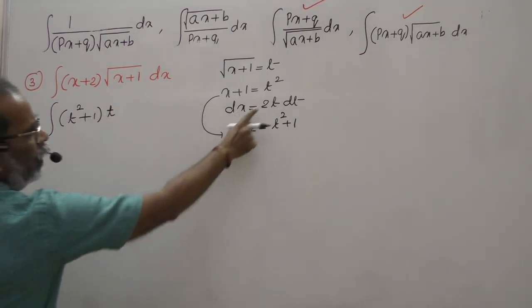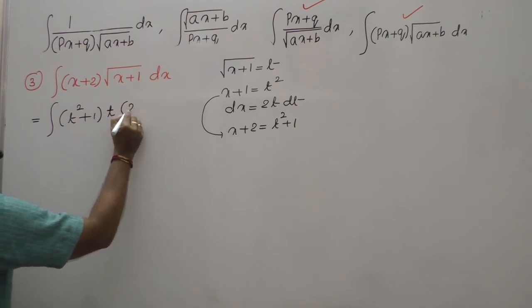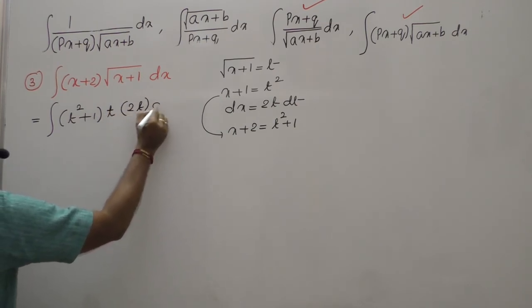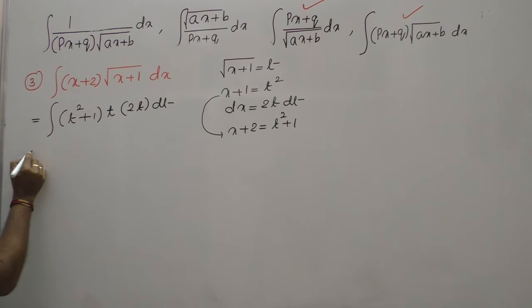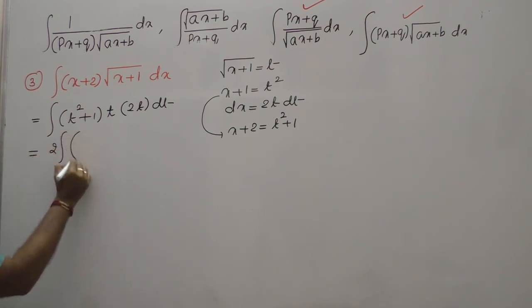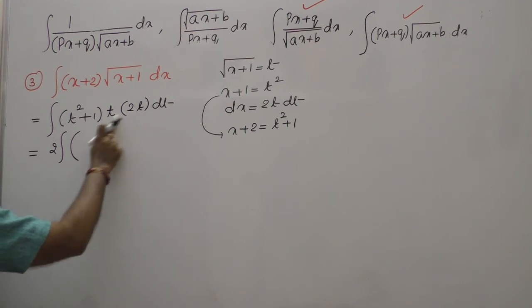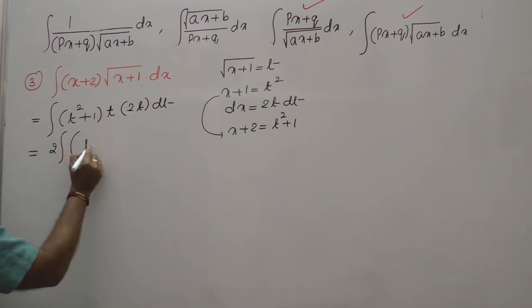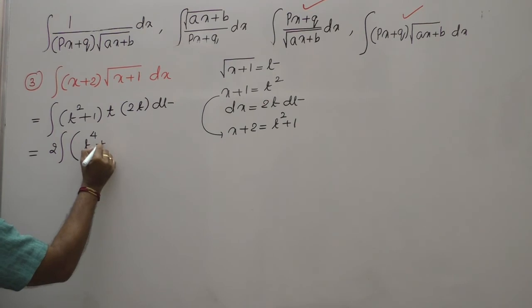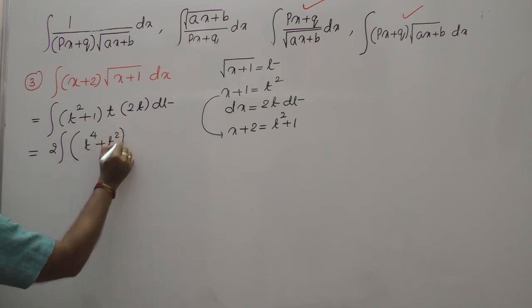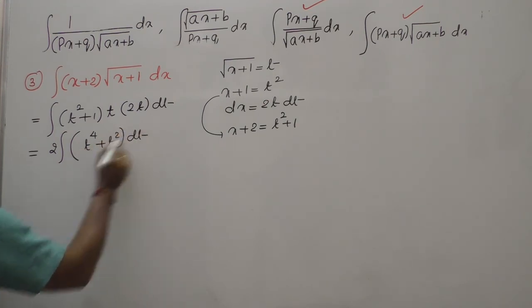What about dx? dx is 2t dt. Yes. So 2 is constant. I can write outside the integral. Then t into t square plus 1, you multiply with this. It will be t power 4 plus t square into dt.